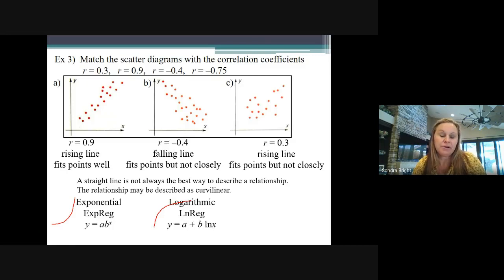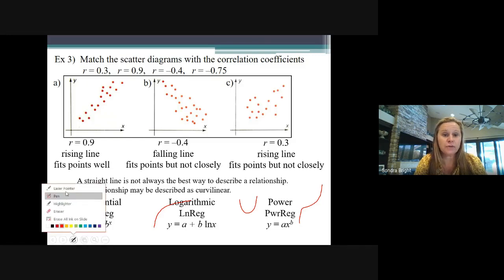And there's a button on your calculator for that. LnReg, right? Logarithmic. And then there's also a power. Like if it was an x squared, right? They would look like a parabola. If it looks like a cubic, then it would look like that. And so those are the other types that your calculator has also.